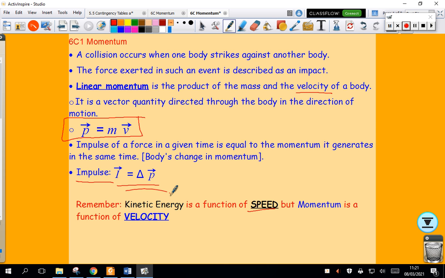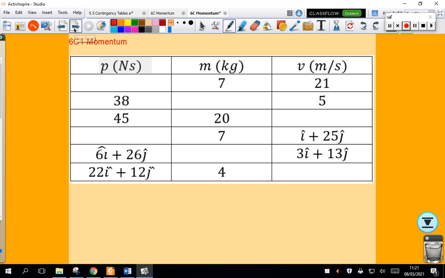Okay, and we're going to talk a little bit about momentum in this lesson. I've just done out a table of values here. I've got momentum, mass, and velocity. The units for momentum: momentum is defined as mass times velocity, so my units would be kilograms, my unit for mass, multiplied by meters per second, my unit for velocity.